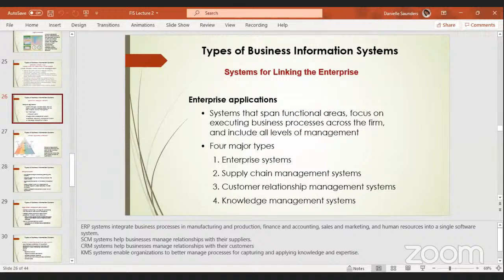I don't know if you do or not, but one thing that is important for you to know is that enterprise applications are important in organizations because they are utilized to integrate core parts of an organization.